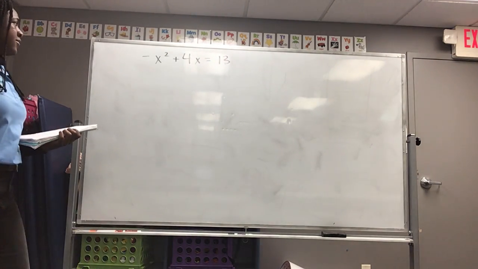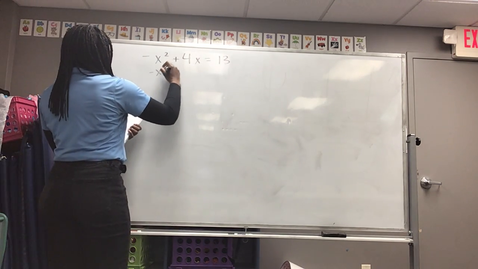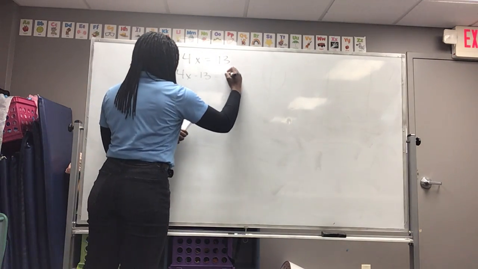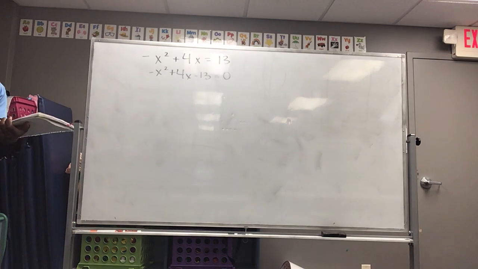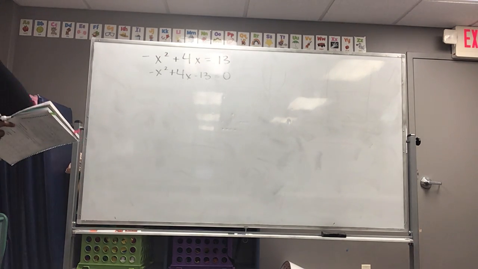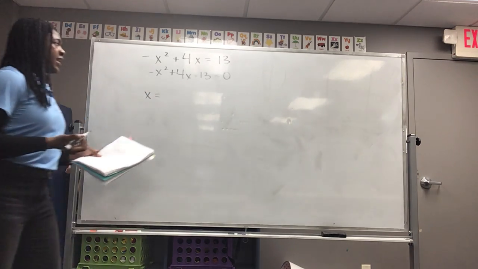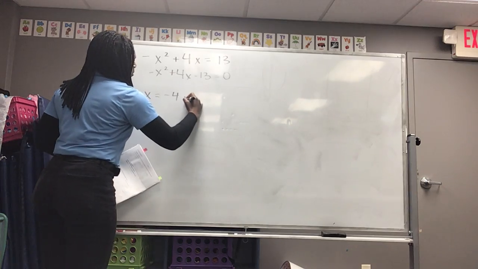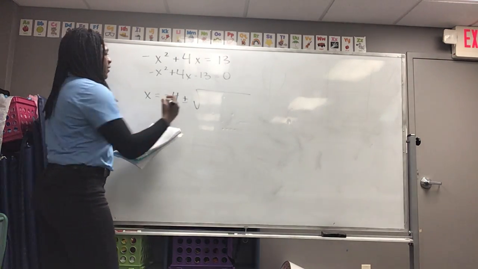Okay, so negative x squared plus 4x equals 13, and then I'm actually going to move the 13 over to the other side, but we're going to use the quadratic formula to solve this one. So x equals negative b, so my b is 4, so negative 4, plus or minus the square root of b squared.